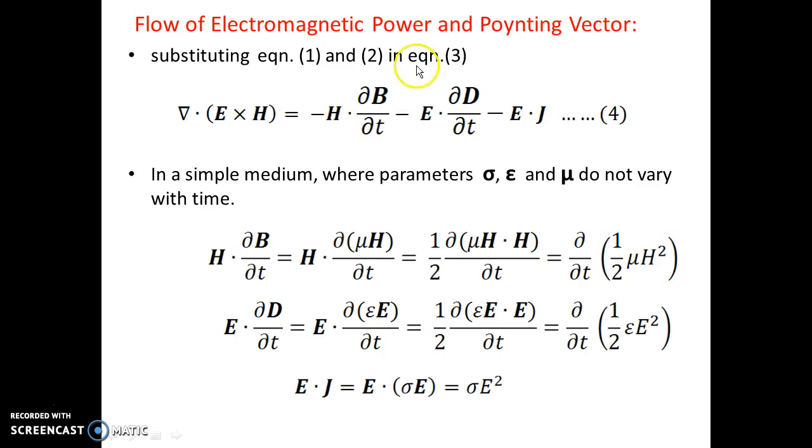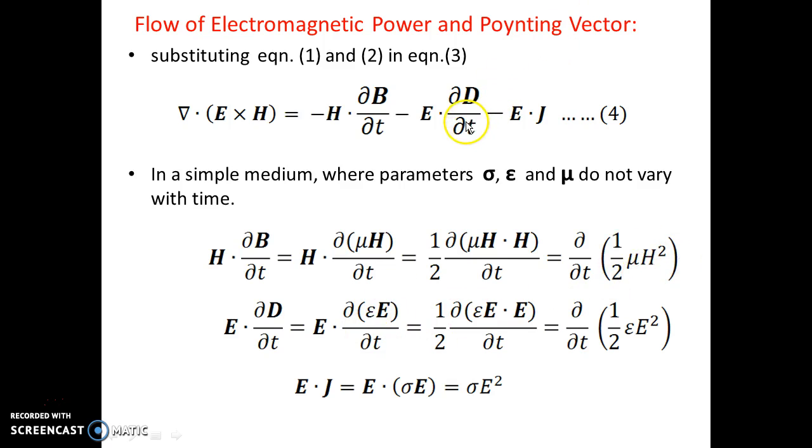for one part of equation 4 as follows: the dot product of magnetic field intensity H with dou B by dou t is dou by dou t of 1 by 2 mu H square.